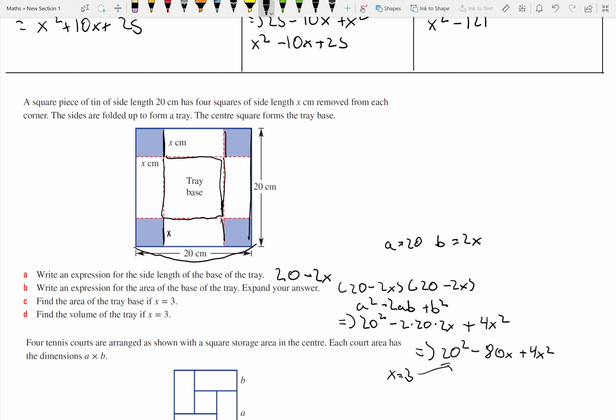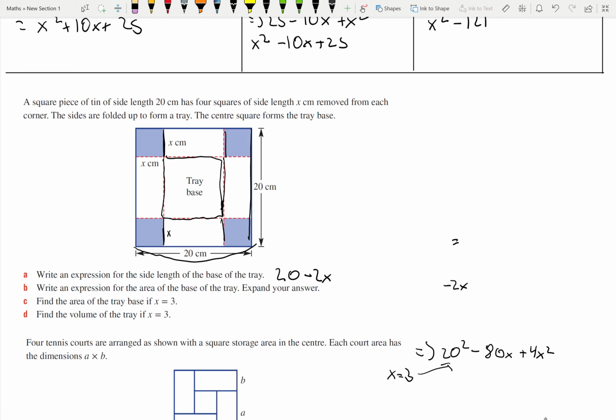I'll just write all this part off because it's unnecessary now. I'll write the answer down here. I could just rearrange it actually: 4x squared minus 80x plus 20 squared, which is 400.